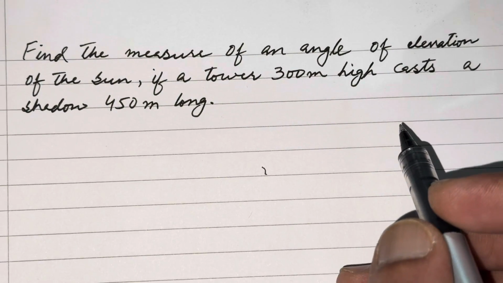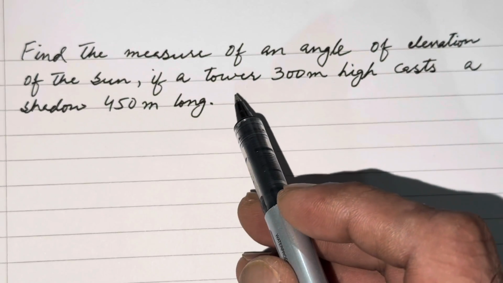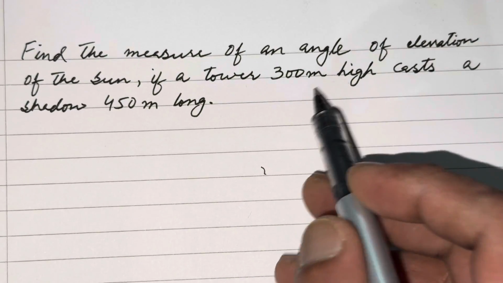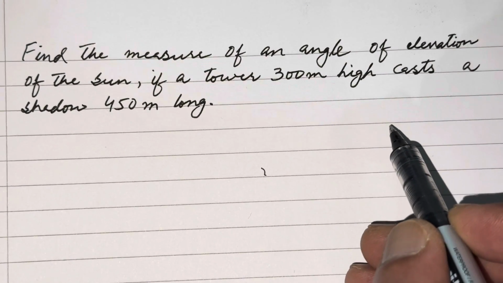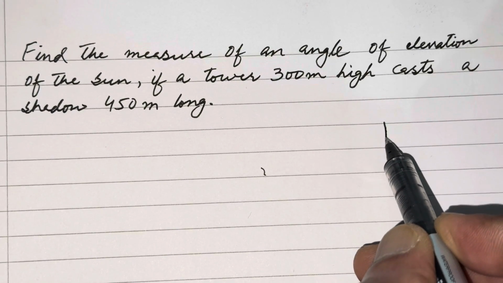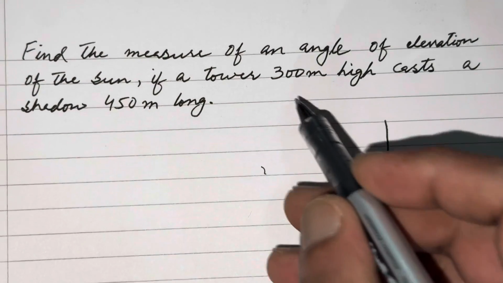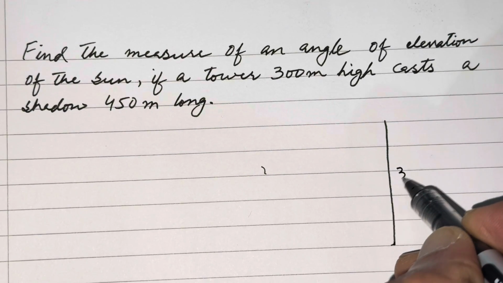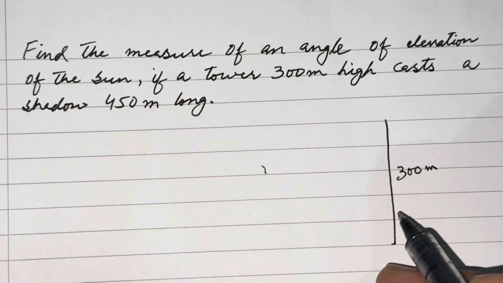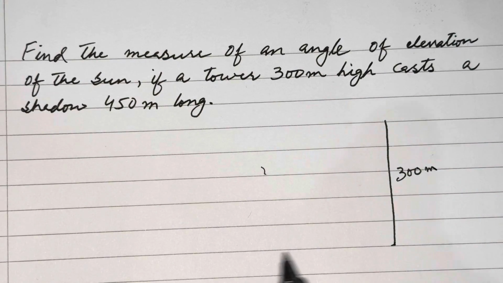So first of all we have to draw a figure with the help of this statement. We are talking about a tower of 300 meters high, so first we draw a straight line showing the height of the tower, which is 300 meters. The second thing given is that the tower is making a shadow on the ground.